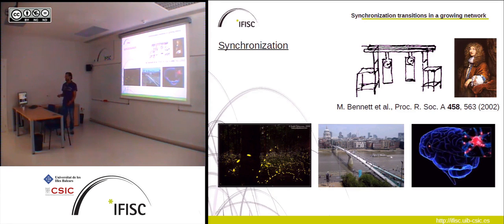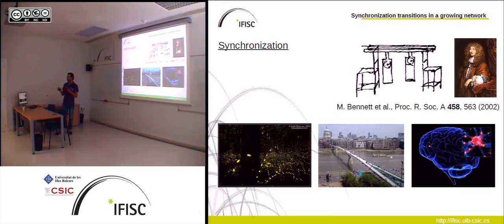Synchronization actually appears in many natural systems and is of broad interest in different fields. Some examples of synchronization, spectacular examples, I think. One of these is the flashing of fireflies, which at the beginning have their own period.